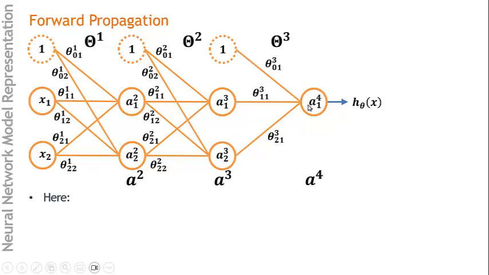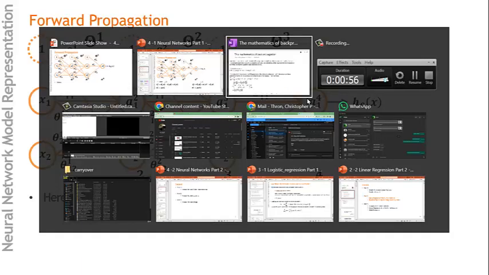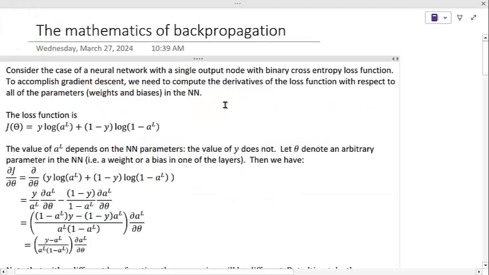Here's the final layer. In this case, we have 4 layers, so this is A1L. Okay. L is the number of layers. And this output is what's compared with the target, which in logistic regression would be 0 or 1. So that's the background of the loss function.